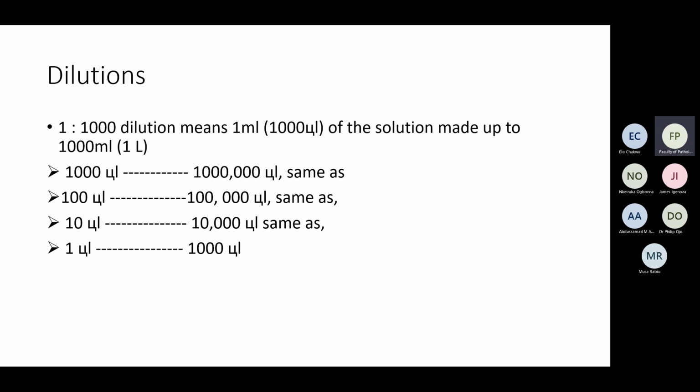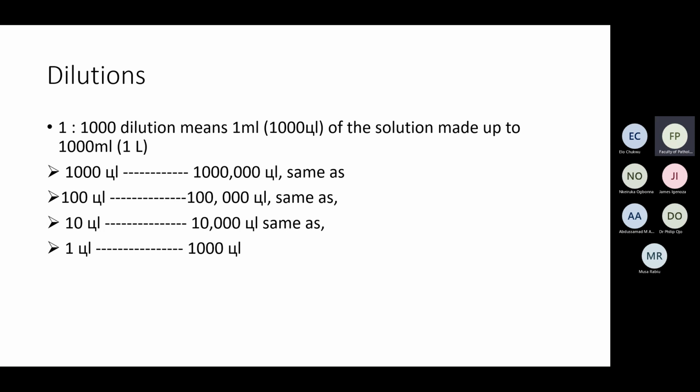Let's talk about dilutions, because in doing ELISA, you need to use dilution. When you say 1 to 1,000 dilution, it means you take 1 ml of the serum or 1 ml of the solution, and then make it up to 1,000 ml in water.